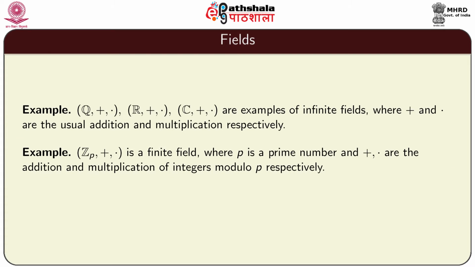So, let me quickly tell you what Z_p is. It is the collection of integers modulo p. That means, when you see an integer n divided by p, then the possibilities for remainders would be 0, 1, 2 and so on up to p minus 1.